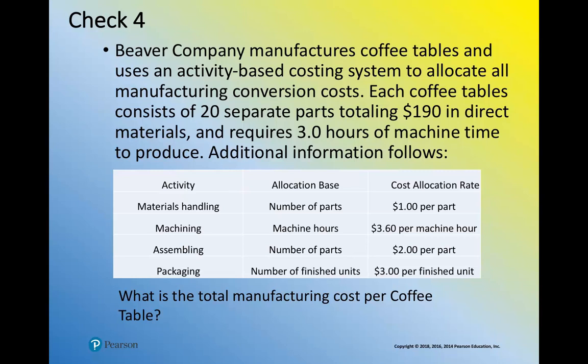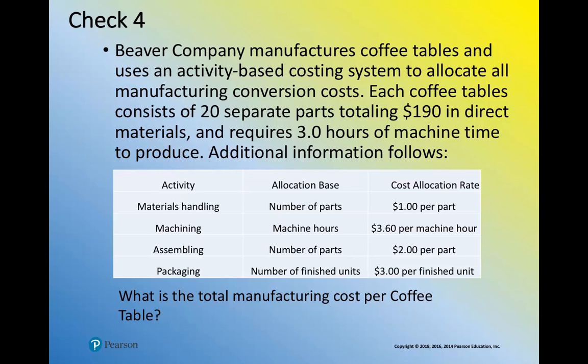Lastly, we have packaging, and it's based off of the number of finished units. This is where it might get a little confusing, but the question is asking for the total manufacturing cost per coffee table. So for one, it's going to be 1 times 3, so that'll be 3. So for our conversion costs, which is what we have on this table for activity-based costing, it's going to be 20 plus 10.8 plus 40 plus 3.